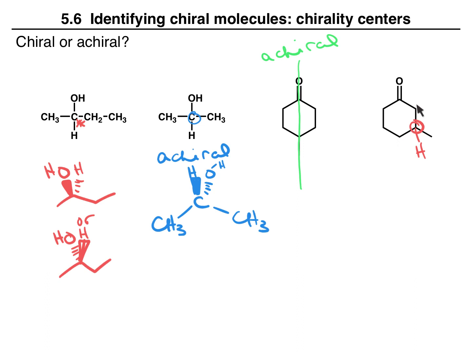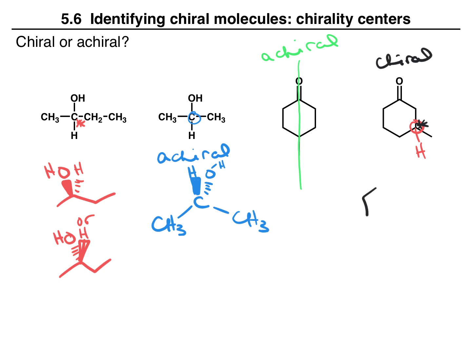So we go further than the first carbon. We can go to the second carbon, to the third carbon, to the 33rd carbon, until we find a point of difference. And so we do not have symmetry in this molecule. Instead, we have a chirality center at this carbon, and so with one chirality center, this molecule is chiral.